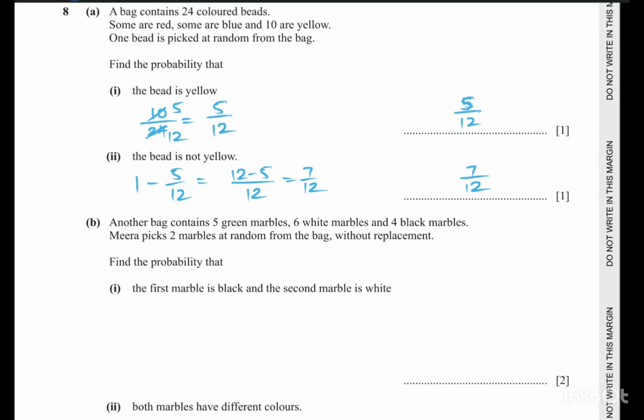Out of 5 plus 6 plus 4, which is 15, there are 4 black marbles. So the first marble will be 4 by 15. Then we need a second marble that is white, but without replacement, so white are 6 out of 14.